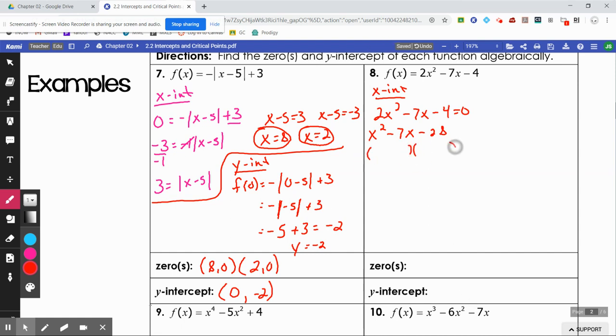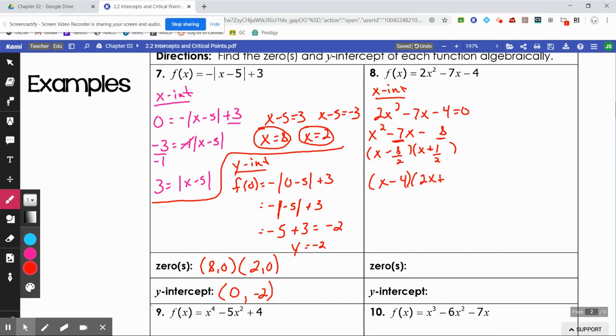Factor like normal, x and x, adds, multiplies, and that should actually be an 8 instead of a 28. I don't know why I put in a 28. So adds, multiplies would be a negative 8 and a positive 1. The number that you slipped, you now divide by. So that would be an x minus 4 and that won't divide, so we slide it back to the front.